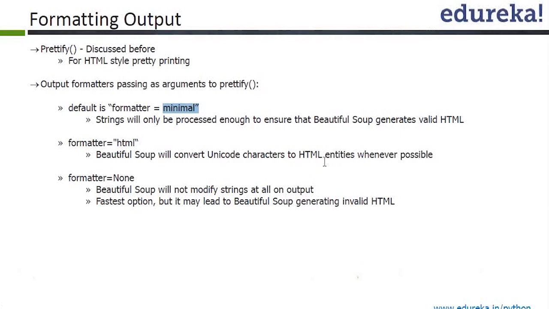It will not literally interpret those into your string, but if you say formatter equal to HTML, it will literally try to interpret that newline as a string. Formatter equal to None: BeautifulSoup will not modify strings at all on output. It will just leave them as they are. This is the fastest option, but it will lead to BeautifulSoup generating invalid HTML at times.